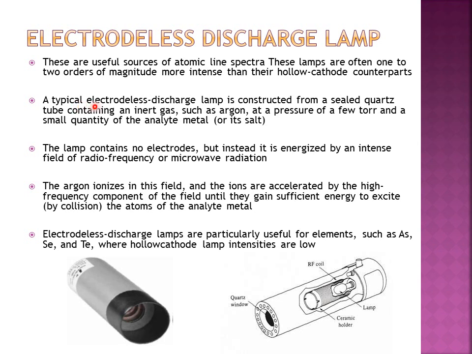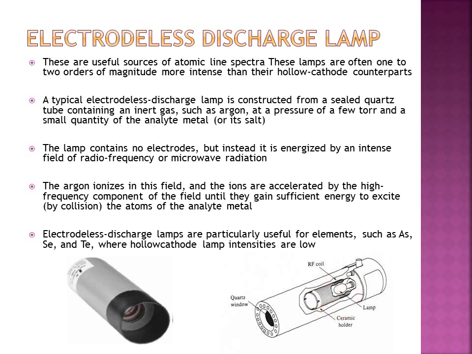A typical electrodeless discharge lamp is constructed from a sealed quartz tube. You can see here is the sealed quartz tube, and it also contains an inert gas like argon at a pressure of a few torr, and a small quantity of the analyte metal is put inside this tube.